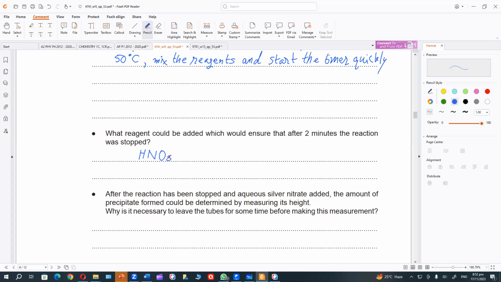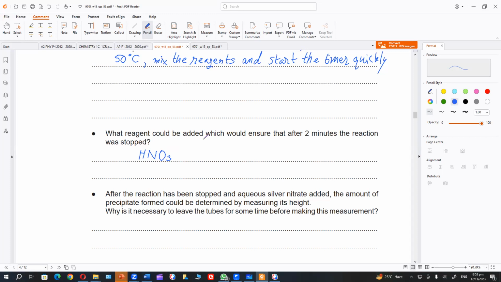Nitric acid is a strong acid. And if you remember, when the silver nitrate test is used, it is always acidified. The H+ ions will also consume the remaining hydroxide. So it can stop the reaction within 2 minutes.